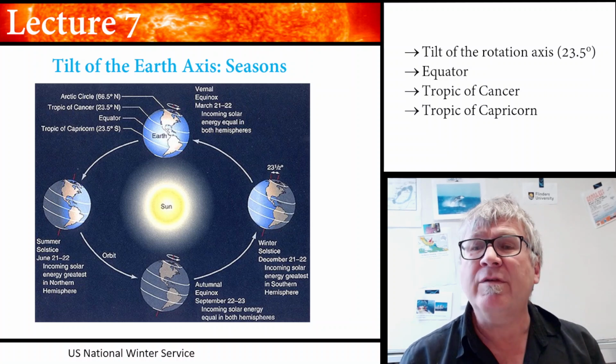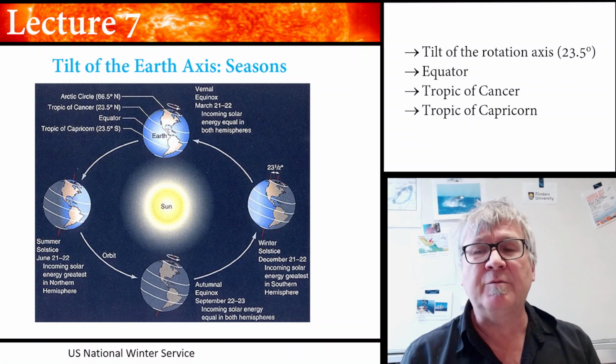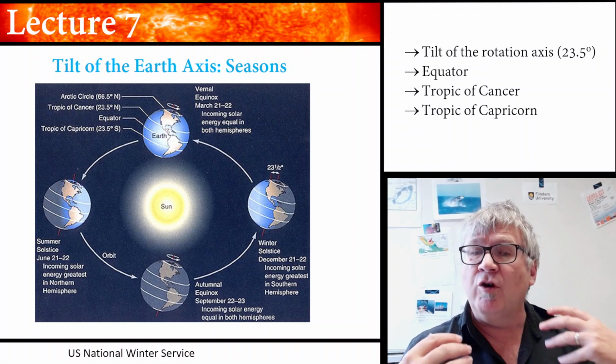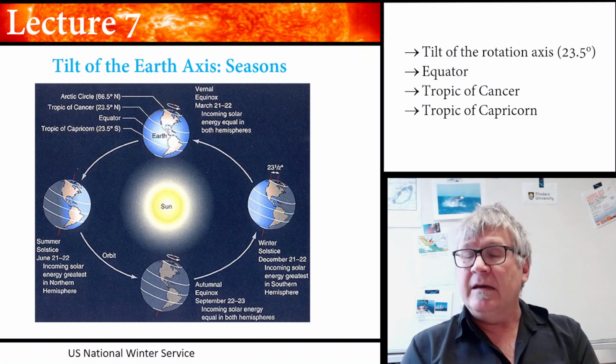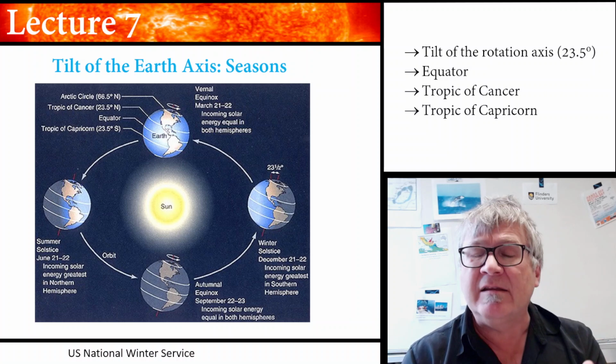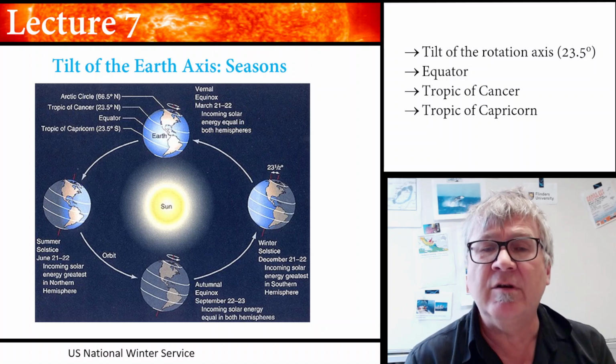But also the Earth axis is tilted by 23.5 degrees, and that now determines the region which is located closest to the Sun during summertime.